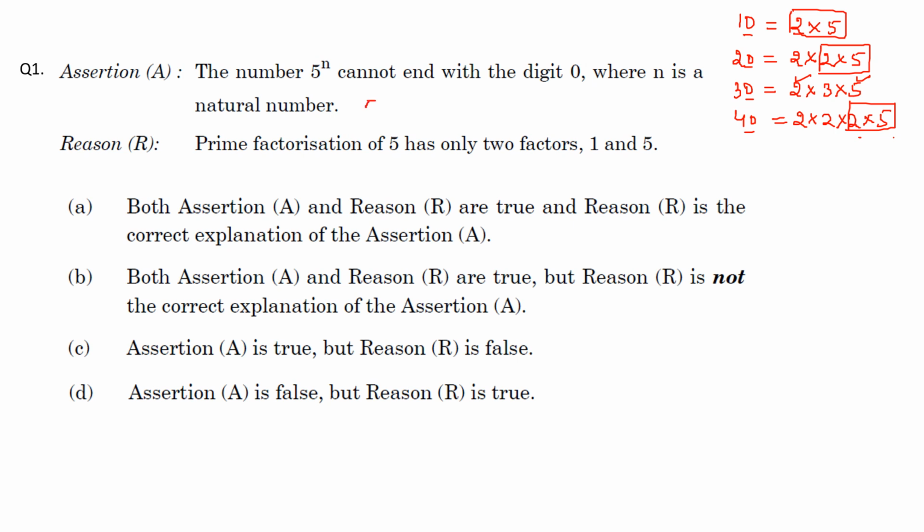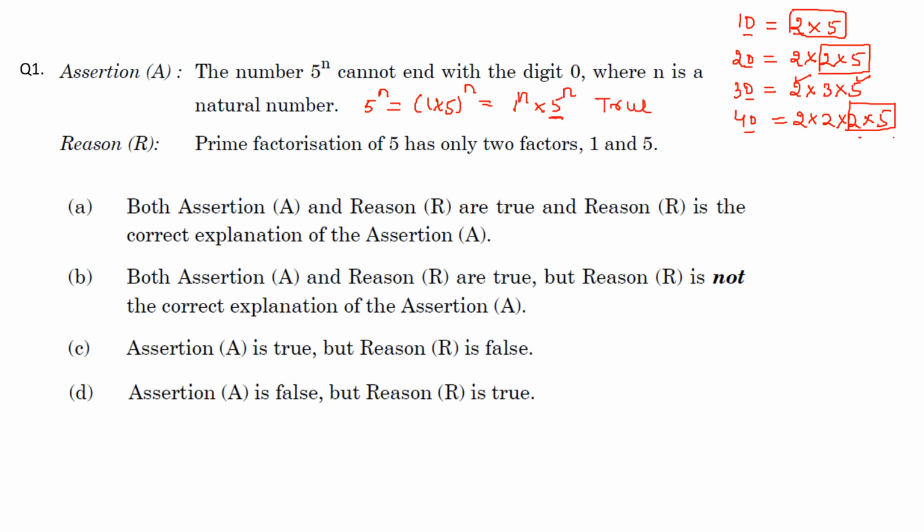And 5 to the power n, 5 itself is a prime number, isn't it? I can write it only as 1 into 5 to the power n, which can be further written as 1 to the power n into 5 to the power n. Yes? So here you can see 2 is not a factor of it. So we can say that 5 to the power n will never end with 0. So from here I can conclude this assertion is true.